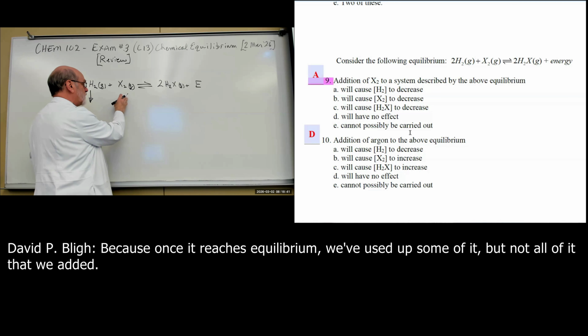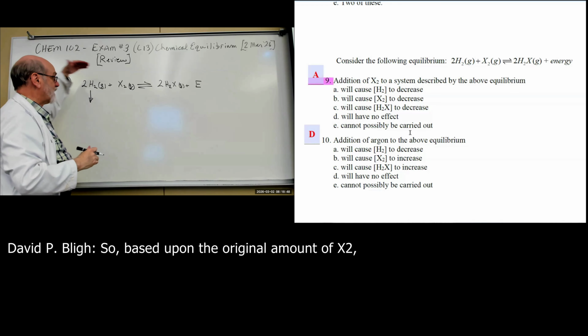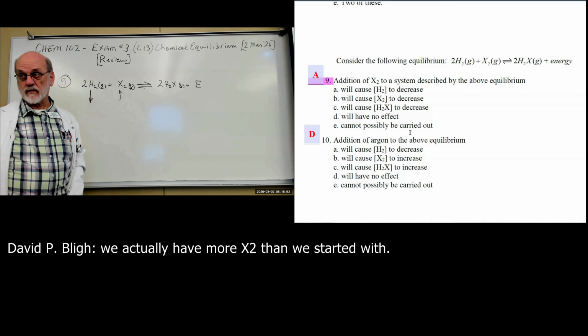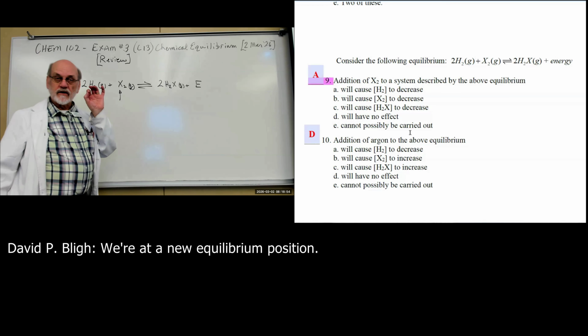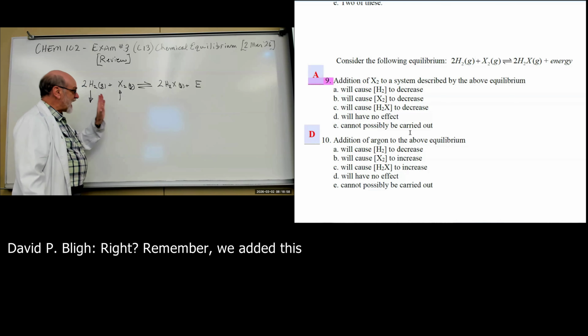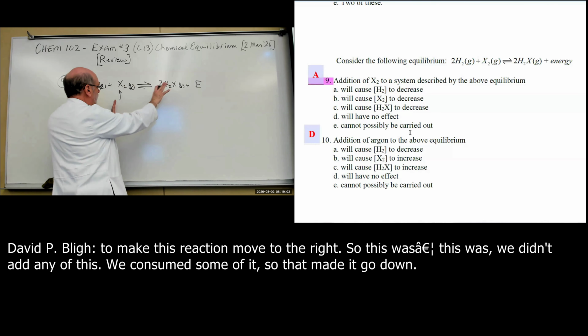Because once it reaches equilibrium, we've used up some of it, but not all of it that we added. So based upon the original amount of X2, we actually have more X2 than we started with. We're at a new equilibrium position, right? Remember, we added this to make this reaction move to the right.